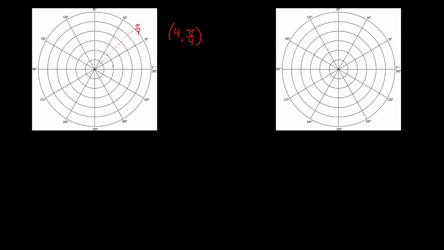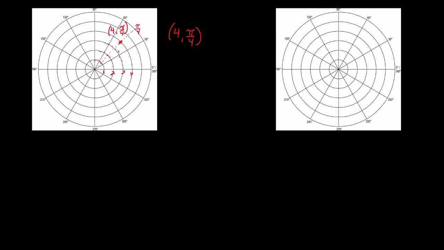But I want to go out a radial length or a radial coordinate of a value of 4. So for me, I'm going to look at 1. This is going to be 1 circle. This is going to be 2 circles, 3 circles, and 4 circles. So I recognize here that this is going to be my point 4 comma pi over 4.